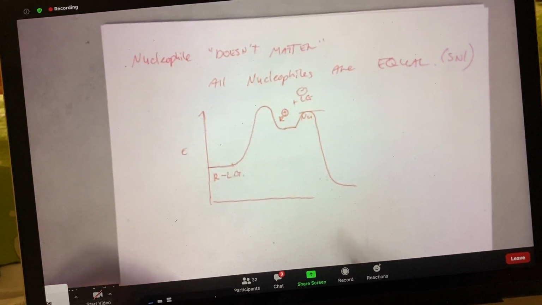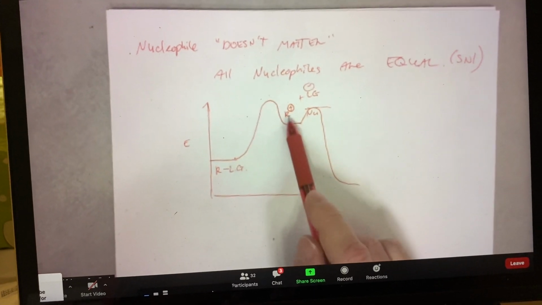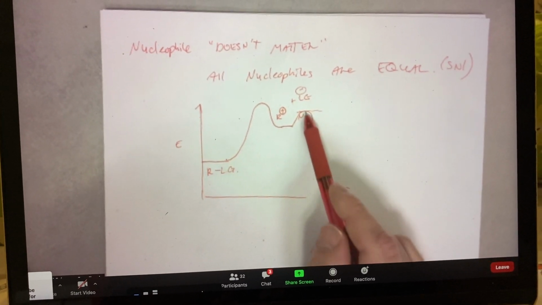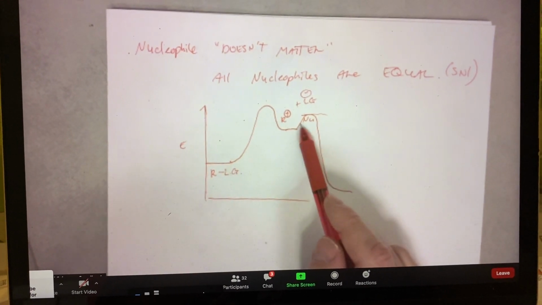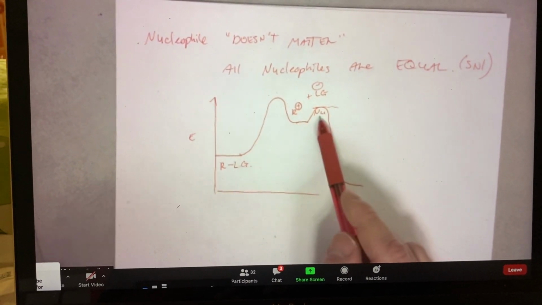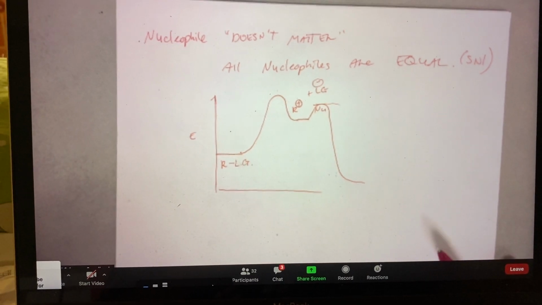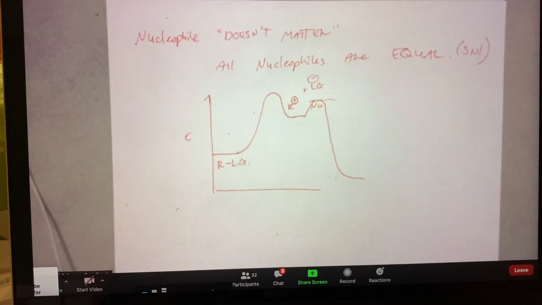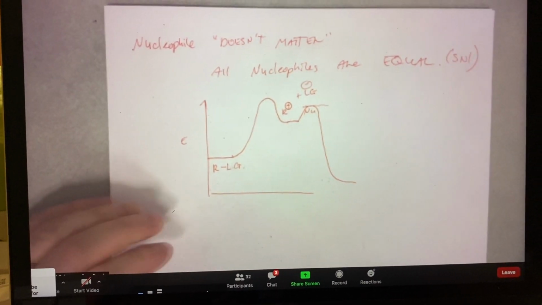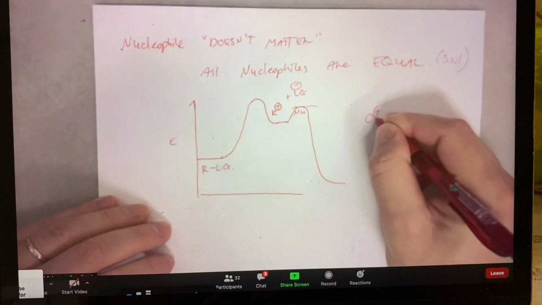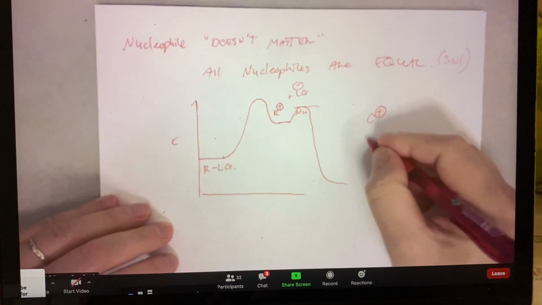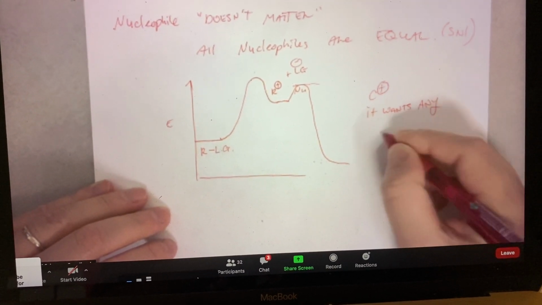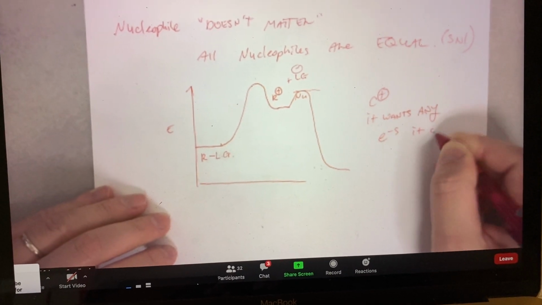Basically, since this is the tough step to make the carbocation, the second step, since it has a lower activation energy barrier, means there'll be no consequence of whatever nucleophile we have. Any pair of electrons we have floating around, as soon as it finds a carbocation, it reacts. Due to the nature of the carbocation, it wants any electrons it can find.